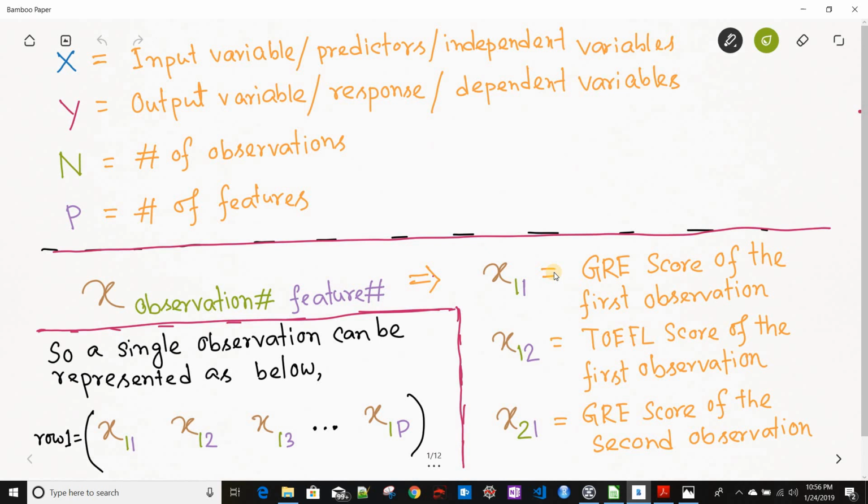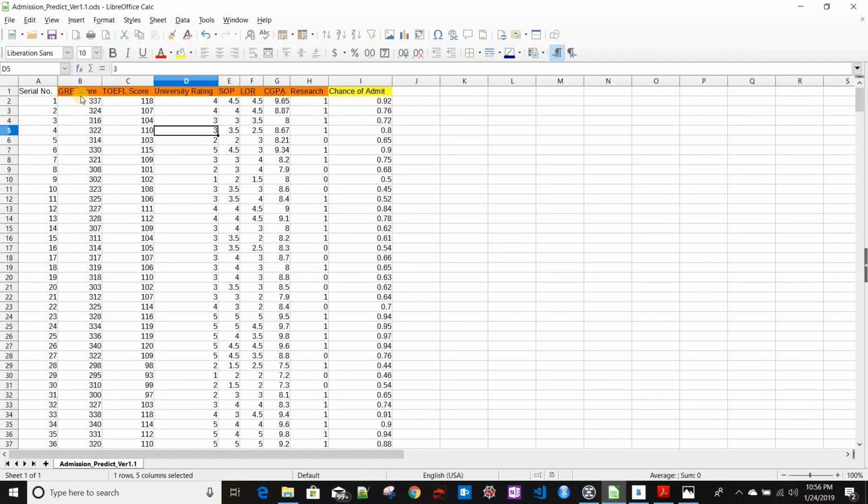Okay, so before we enter into the core algorithm part of linear regression, let me give you some notations first. We will use x for input variables, or predictors, or independent variables. If we map to our data sheet, the columns marked in orange color will be our input variables.